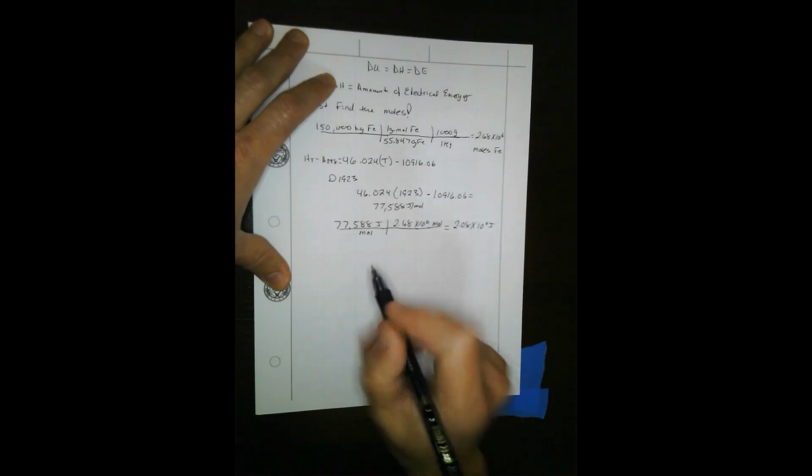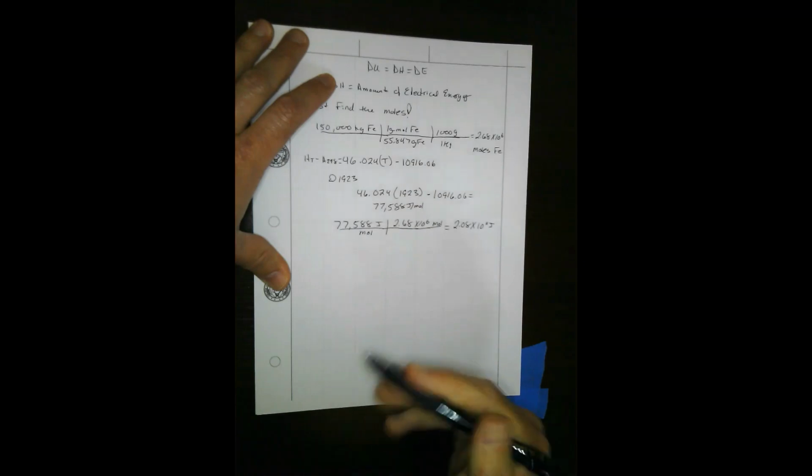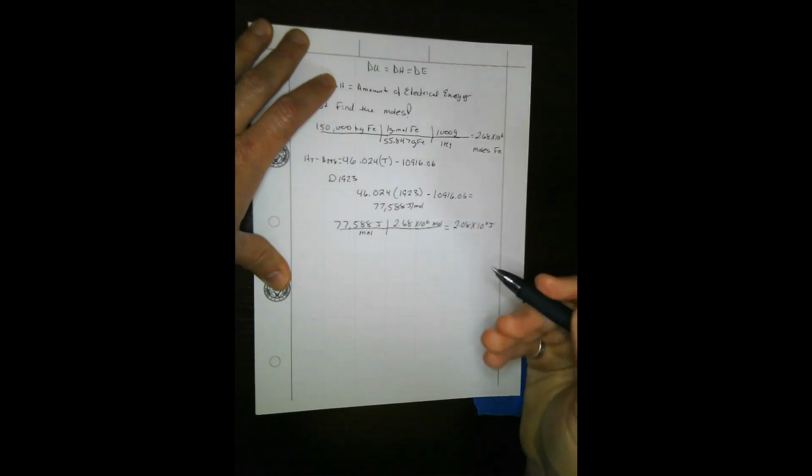We were told in the problem that we supplied 45,000 kilowatts of energy. And so we want to find an equivalent conversion that will give us something we can use to cancel out kilowatts.